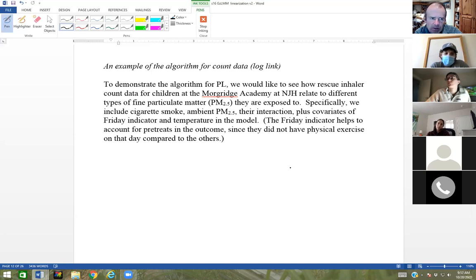And this particular data, I actually spent a lot of time on this because I was initially interested in air pollution models to see, are they going to use a rescue inhaler when there's more outdoor air pollution? And that's what we call ambient PM 2.5. So this is essentially outdoor air pollution.